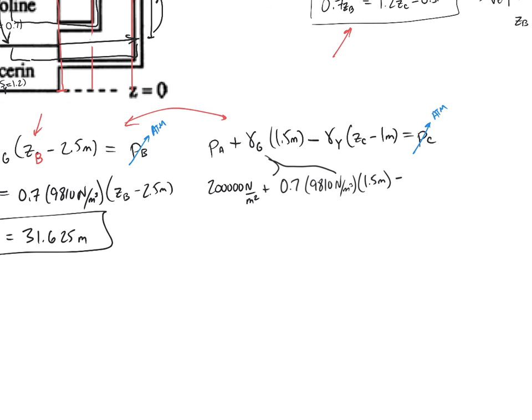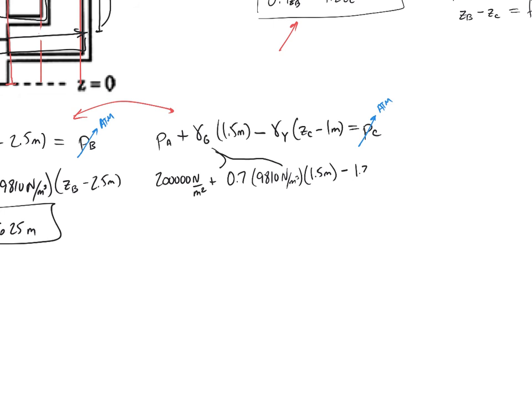Minus, now we'll do the same thing for the gamma Y. We'll expand it into 1.2 times 9810 newtons per meter cubed. And then we've got ZC minus 1 meter equals 0. Kind of an annoying equation, but nothing you can't handle. And so we're going to end up with ZC equals 18.864 meters.